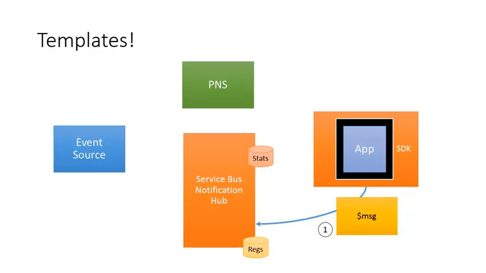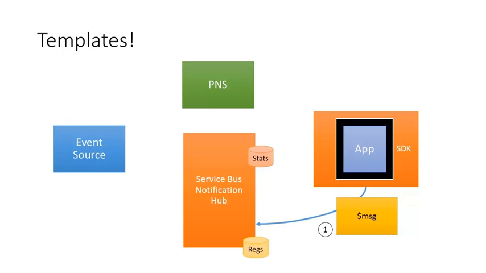To do so, it sends a template constructed by the native API. So you can create a toast notification or a live tile notification based on the Windows 8 API, as you would do for a local live tile or a local toast. And you fill in the content placeholders with an expression provided with an expression language that Service Bus gives you.